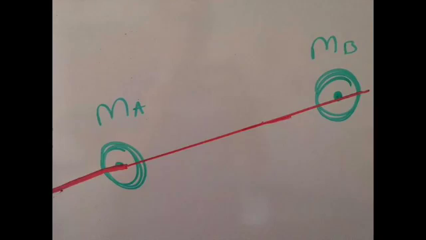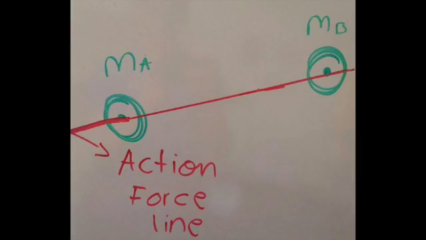So, this law says that there are two objects interacting with each other. Obviously, each of them has a mass, so we're going to imagine this and try to draw it as m_A and m_B. As they are interacting, we're going to draw a line that we're going to call the action force line.